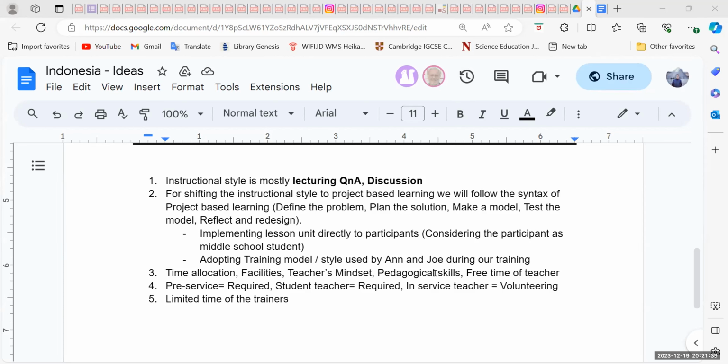So we have to choose Saturday or Sunday to have training for them. It means once a week. Then for question number 4, for pre-service students, it is required to learn about project-based or innovative teaching instructional styles, and also student teachers, but for in-service teachers it is voluntary.